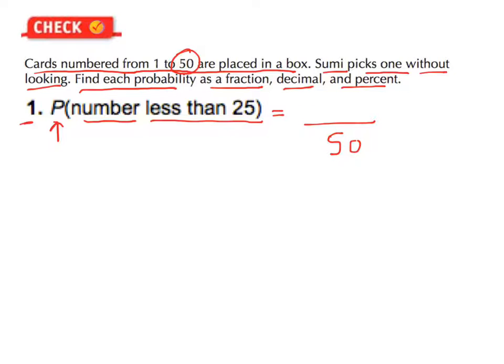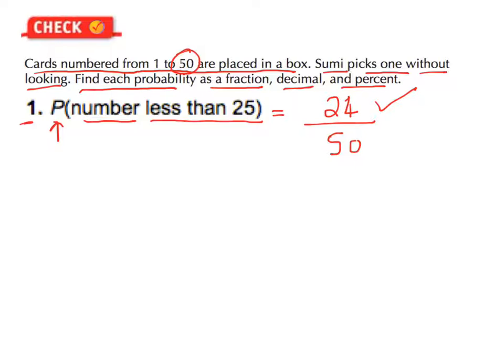Now in a card numbered from 1 to 50, how many numbers are less than 25? How many cards will have numbers less than 25? You will have 24 cards whose numbers are less than 25. So the favorable outcomes will be 24.